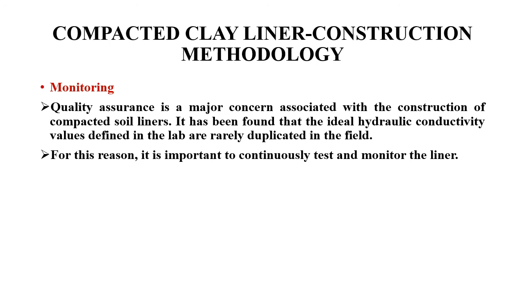So these are the several factors which we have to keep in mind for making an efficient compacted clay liner system. Each of these factors should be controlled in such a way that the lowest hydraulic permeability is achieved for your compacted clay liner, and it will serve as an effective barrier to any type of fluids.